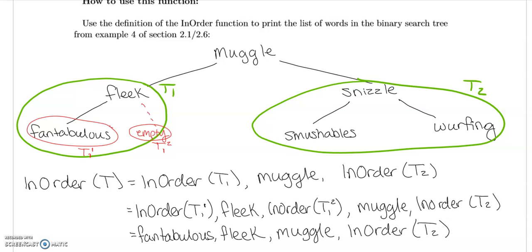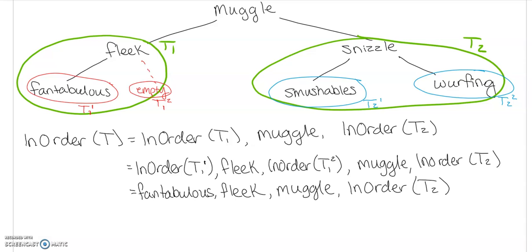Now we have to take care of inorder T sub 2. If we go over to T sub 2, this is also made up of two subtrees: Smushables and Wurfing. Let me name these T21 and T22. If we use our recursive definition on inorder T sub 2, the front pieces all stay the same, so Fantabulous, Fleek, and Muggle just come along for the ride.